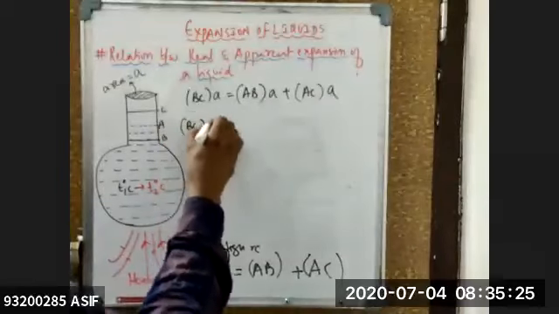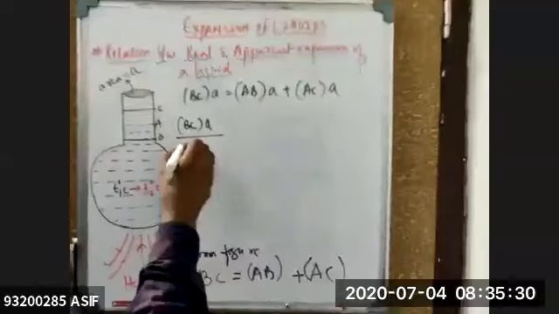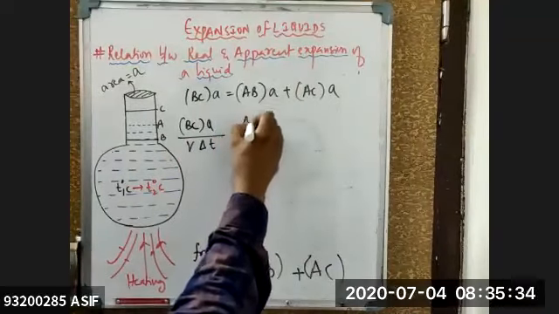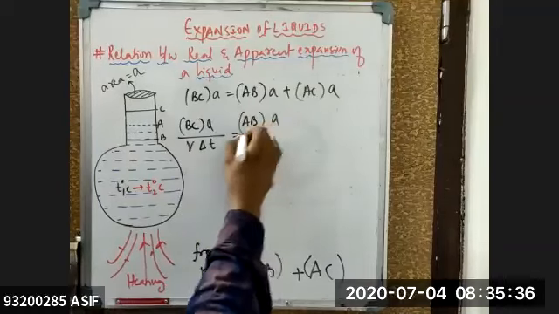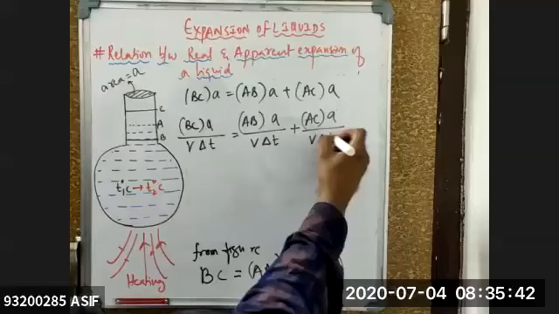You divide by the original volume and the change in temperature, V into delta T, on both sides. That equals AB into A divided by V into delta T, plus AC into A divided by V into delta T.